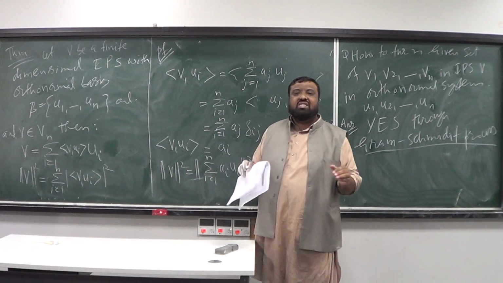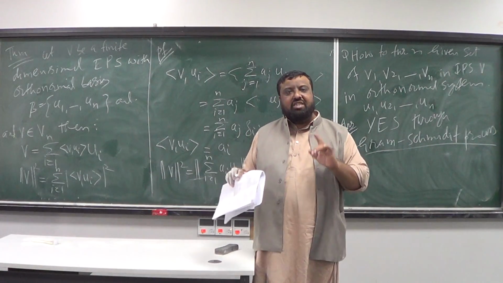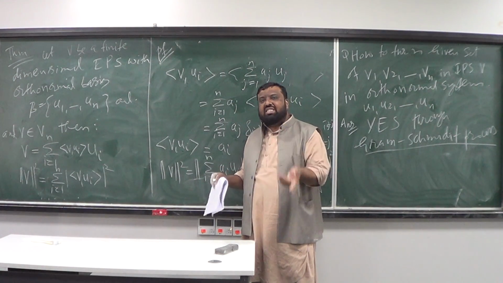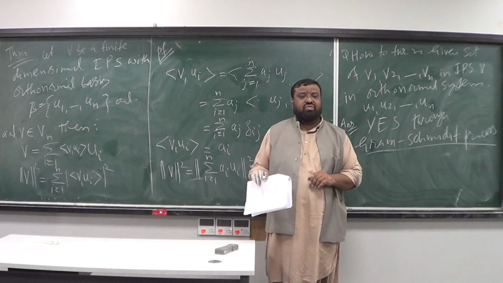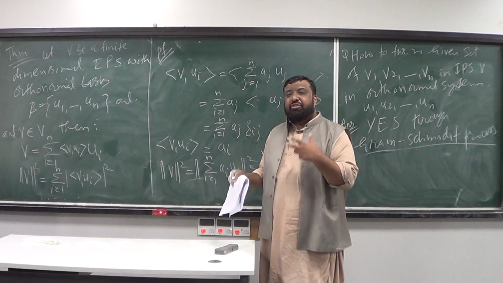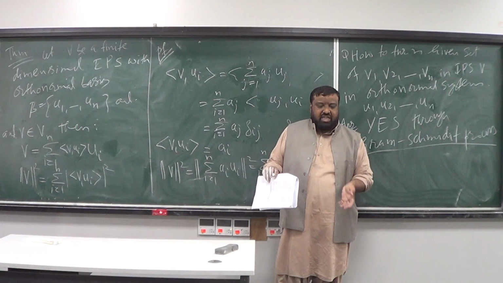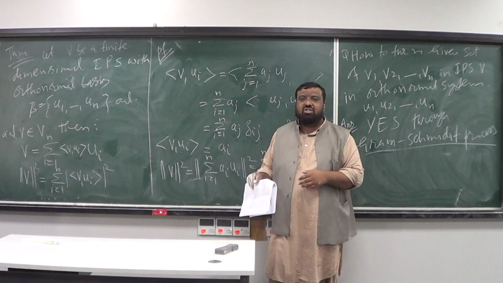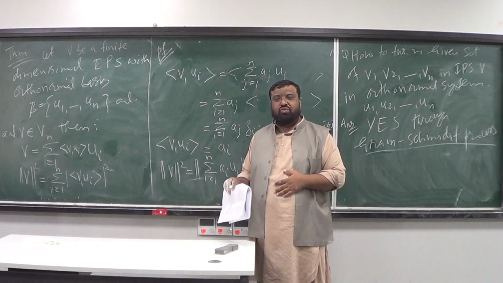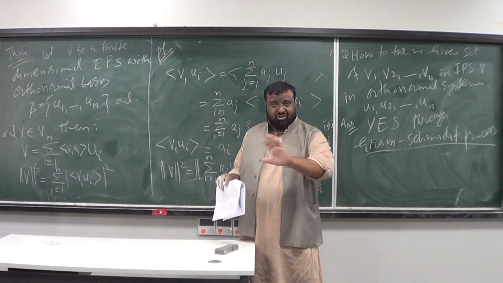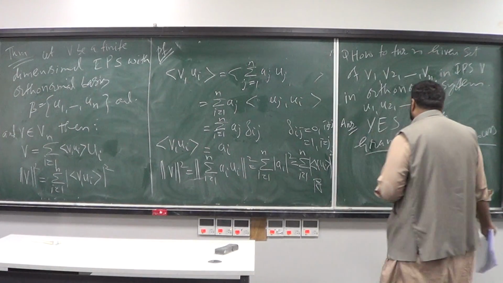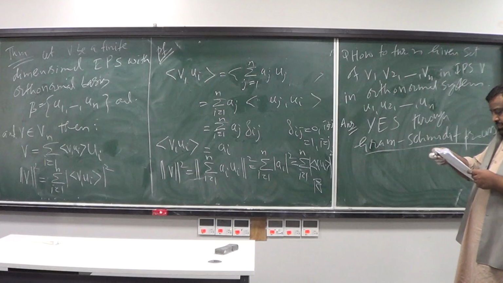If you haven't seen that proof, please let me know in the Zoom sessions so that in my next video lecture I can discuss that proof as well. Or if you need some explanation on the Gram-Schmidt process, I can record a lecture on it in detail with its proof. But at the moment, I'm assuming that you know the Gram-Schmidt process, so I'm just going to recall and review it.